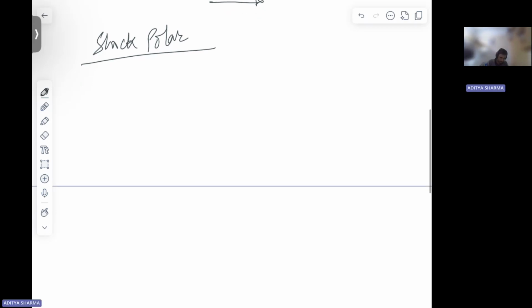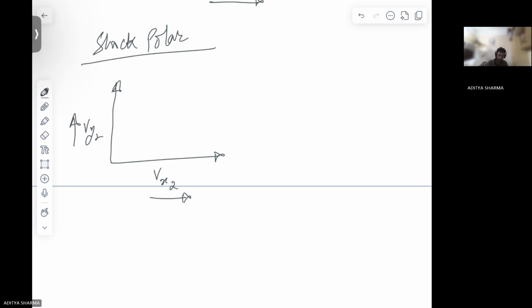Two diagrams have been shown. First is this one. Now what are these diagrams?